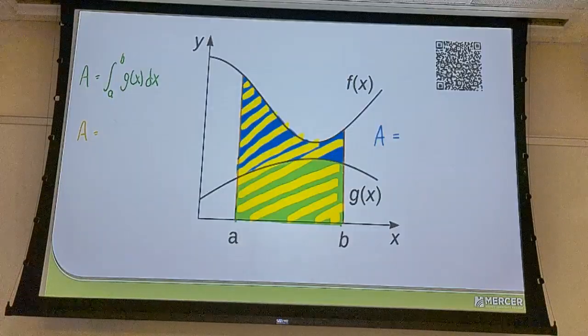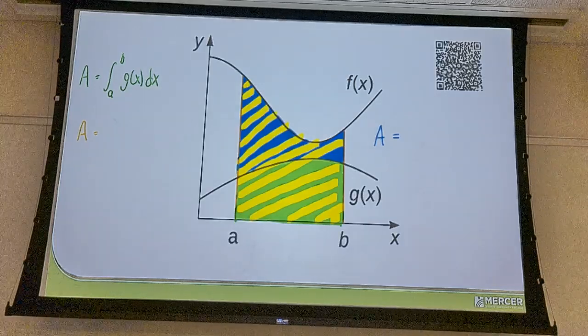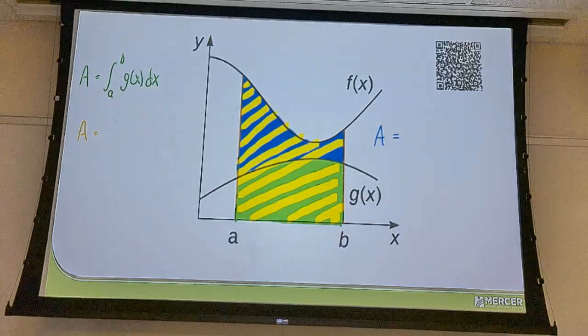But then that yellow striped area, we know that as well, don't we? What's that area? The integral of f(x). Maybe. Should.